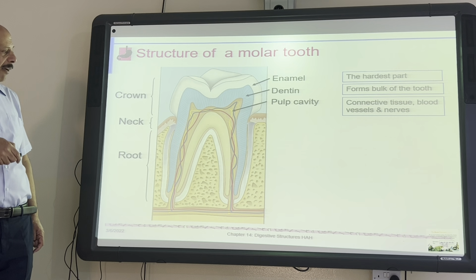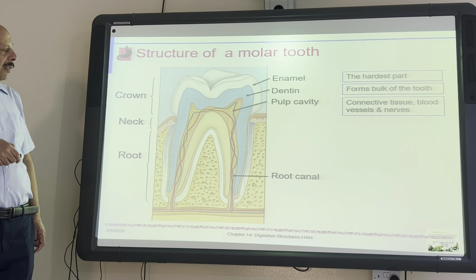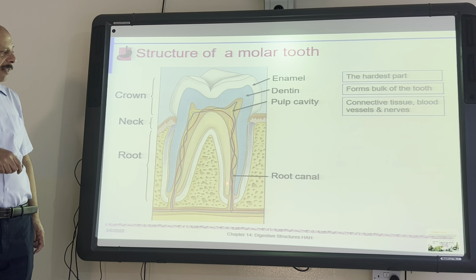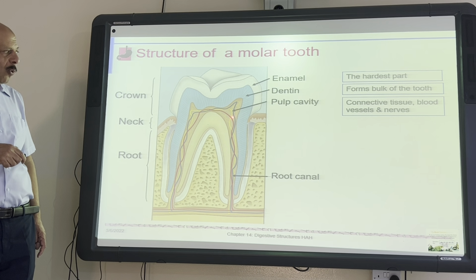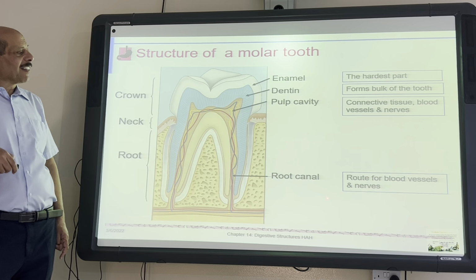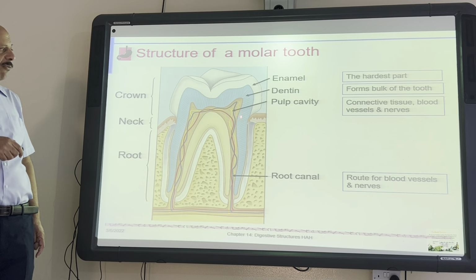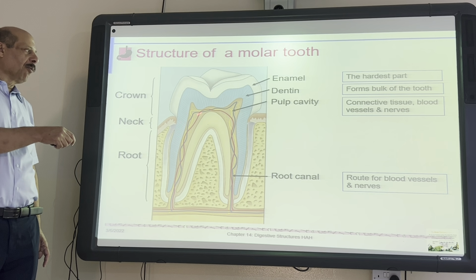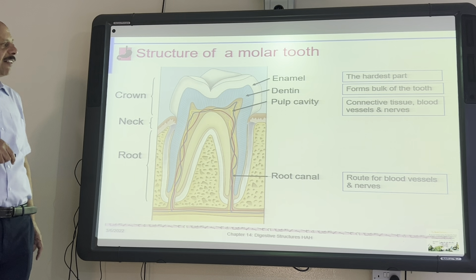So in the pulp cavity, we call this the root canal. The nerve and the blood vessels are coming through it. So the blood vessels and nerve are coming from inside. From down, we call it the root canal. From up, we call it the pulp cavity.